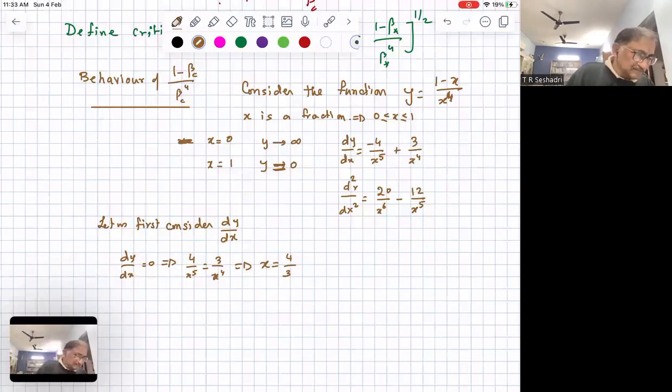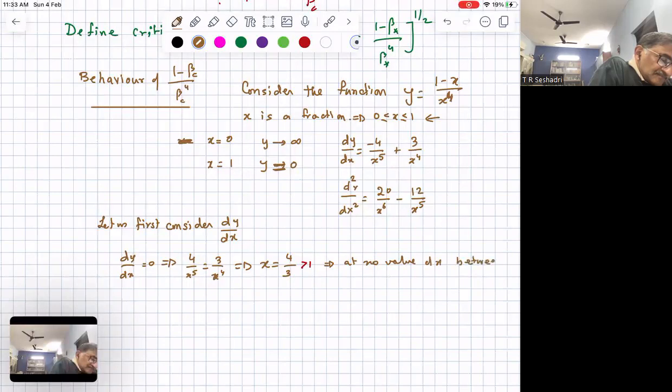Is that okay? Yes. Hello? It is not okay, because x has to be between 0 and 1. So the differentiation is okay. So what it means is, now this is greater than 1, and this implies at no value of x between 0 and 1, dy by dx is 0.